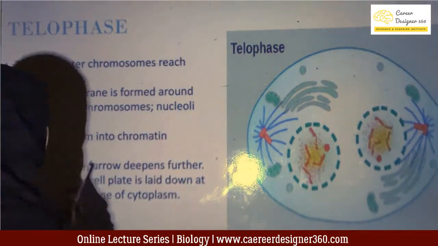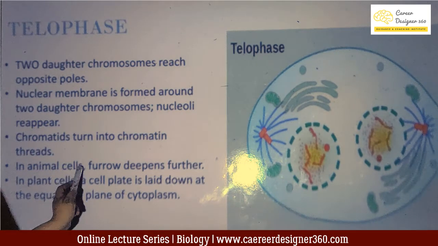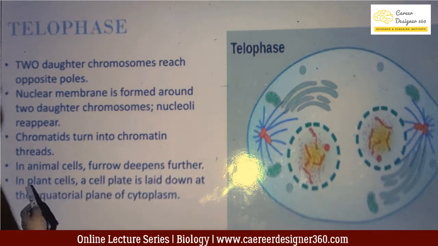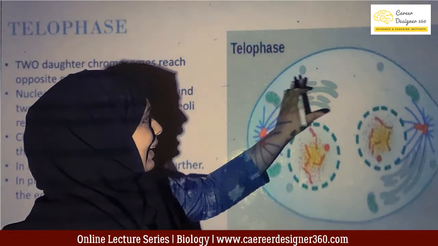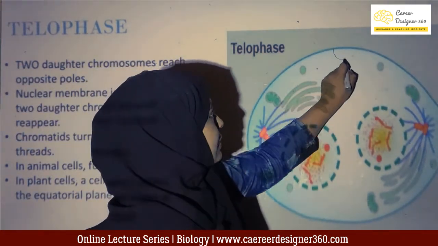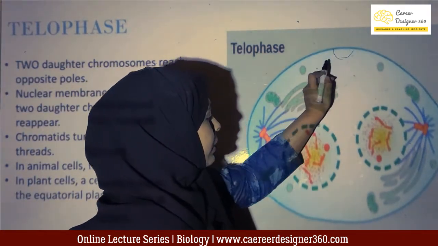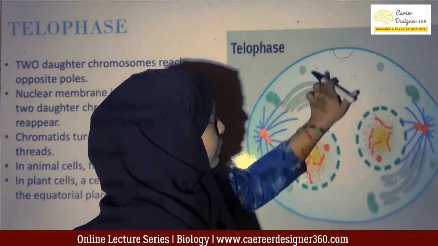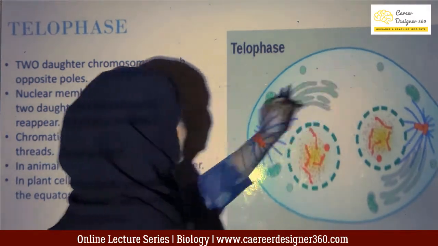Okay, in animal cells the furrow deepens further, in plant cell a cell plate is laid down. So in animal cell, in anaphase we have seen a furrow had appeared. Now this furrow keeps on deepening.